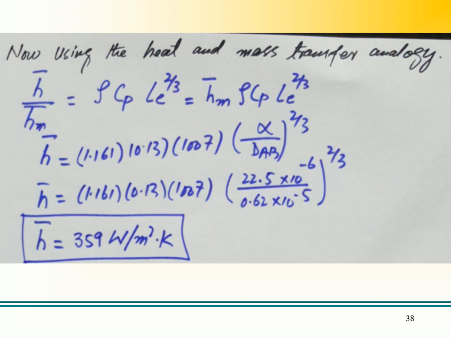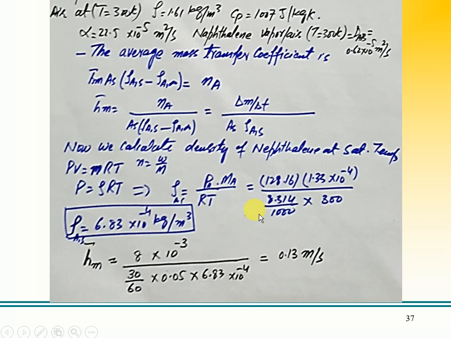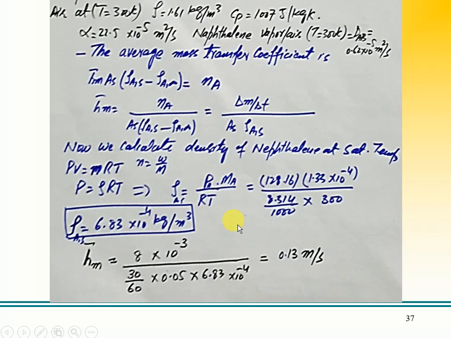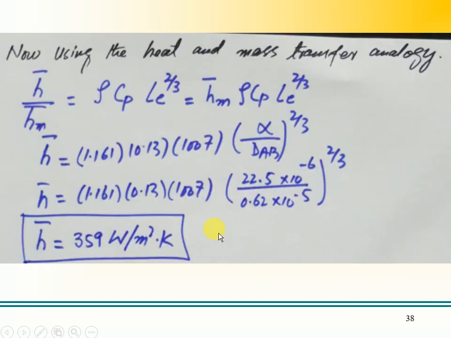I know the value of the density is 1.16, which I found here. So 0.13 is h bar M, Cp is 1007, 1.16 is the density, and the Lewis number is alpha over DAB.